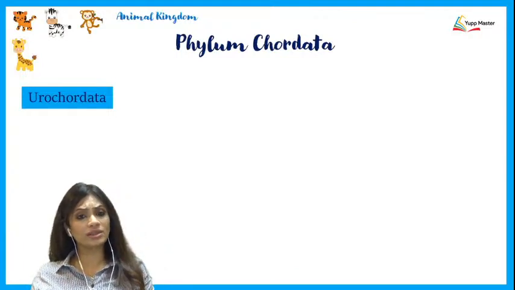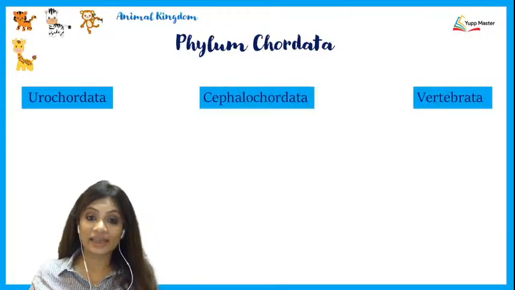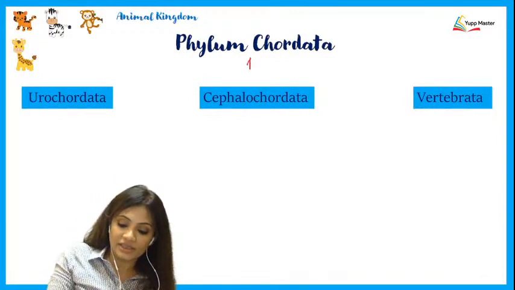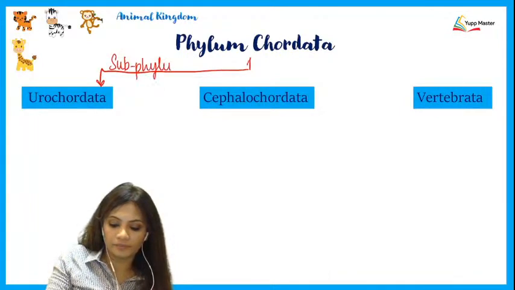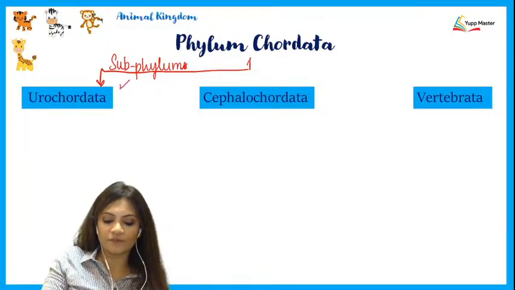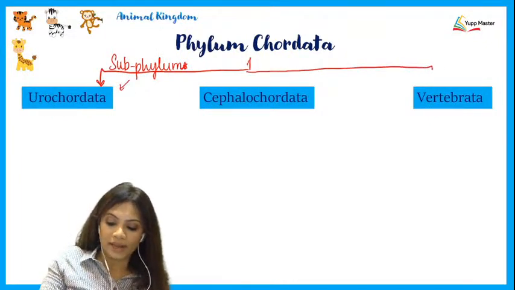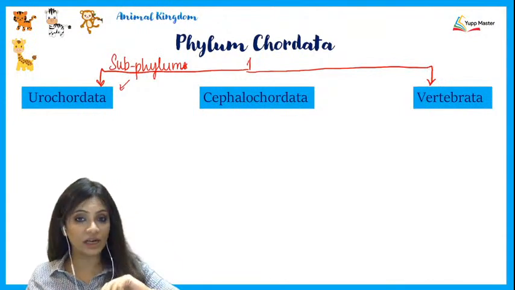Which are they? First subphylum, Urochordata. Second subphylum, Cephalochordata, and the third subphylum, Vertebrata. So here is the phylum Chordata, and then there are three subphyla present.